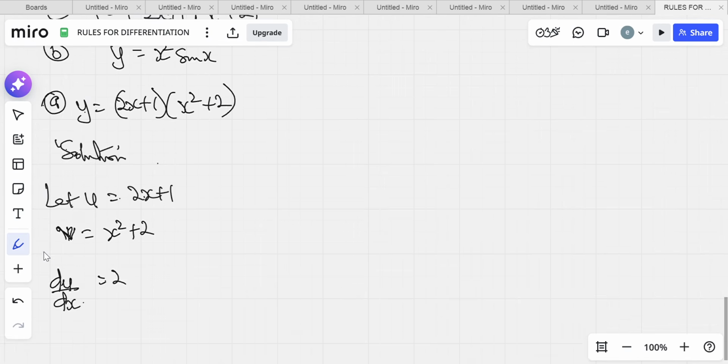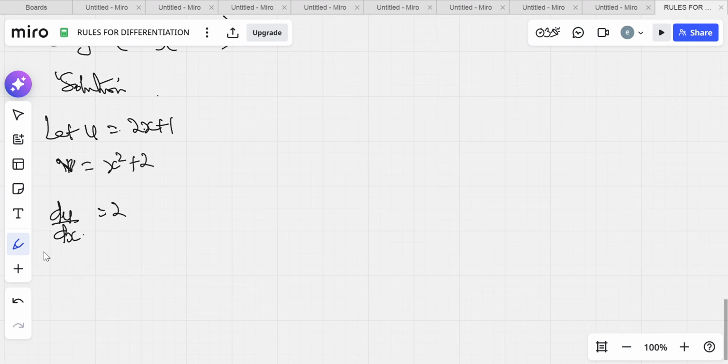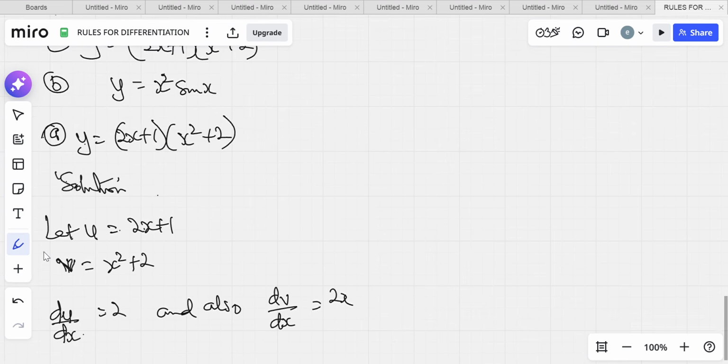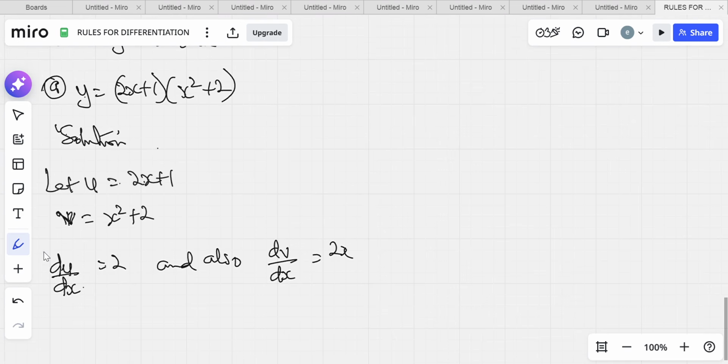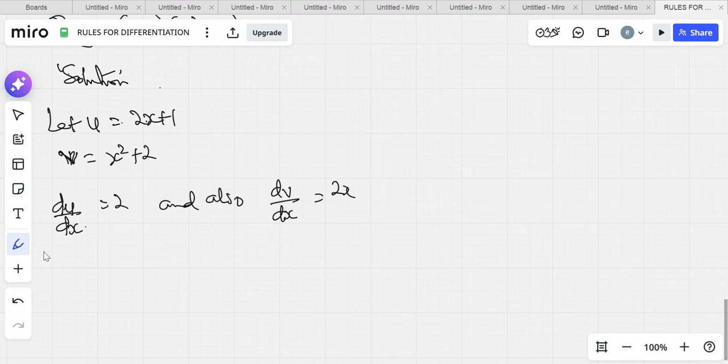And also dv over dx is equal to what? 2x. How? So this one is our u. Let's take it bigger so that you understand it.